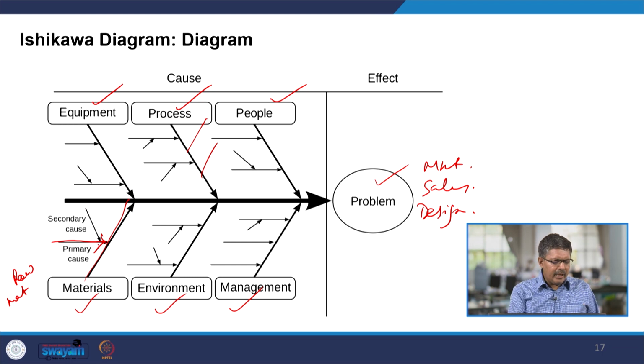And then the secondary cause that impacts is maybe the logistics available to bring this raw material to your place. So, we divide and subdivide as many times as required, to identify each and every small point that can affect the cause and then finally affect the problem statement.